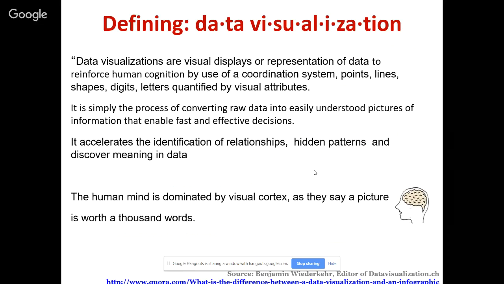And so if you want to take a decision, or if you want to consume that information, it's faster for the person, the receiving party. It also accelerates the identification of relationships, hidden patterns, and helps you discover meanings in data.